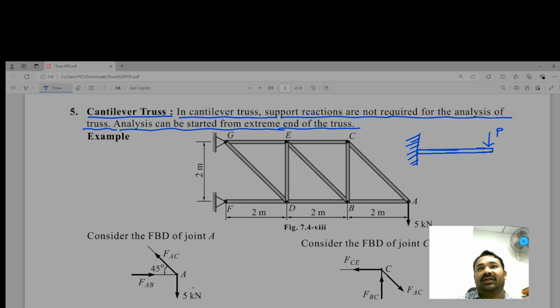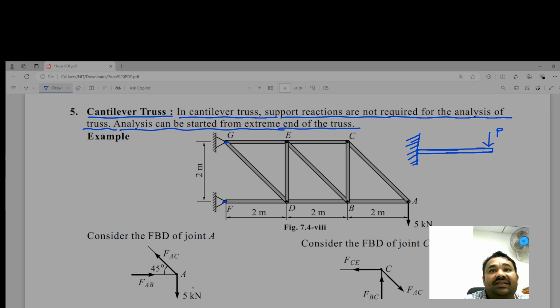So a similar condition we are getting here in the truss structure, with the supports at one end, at joint G and joint F. The whole structure, you can see, is supported by this fixed end. As per this, we do not need to calculate the support reactions unless it is asked in the question.